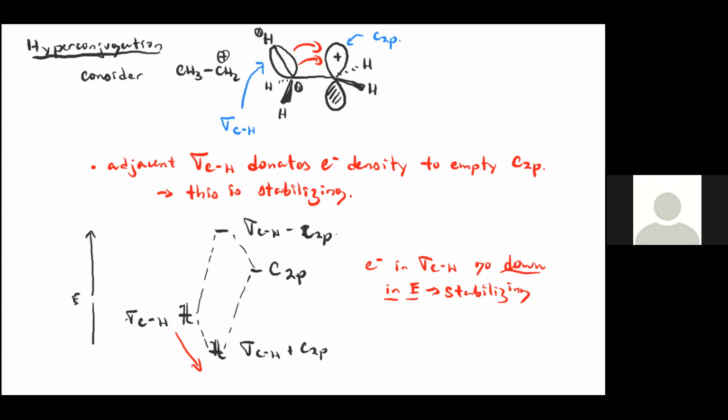So we can draw nitrogen lone pairs interacting with C2p, or oxygen lone pairs, or carbon-carbon sigma bonds. It's all the same type of interaction. The magnitude of that interaction varies, and understanding those qualitatively is important, but the principles are exactly the same.